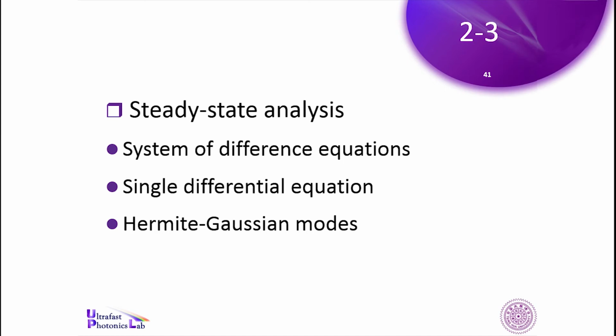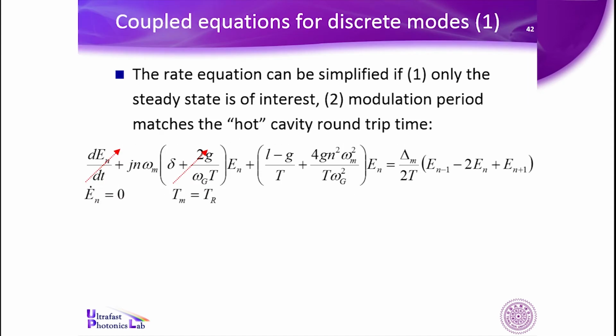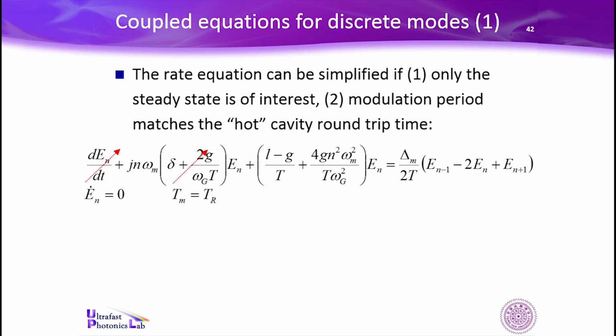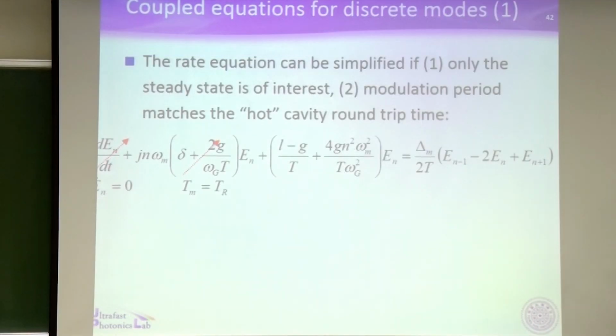So the next step is, what is the solution? But the dynamic solution is pretty difficult, pretty complicated. So we focus on the steady state solution. So let's rewrite the red equation we just derived. It can be simplified if, first, only steady state is of interest.